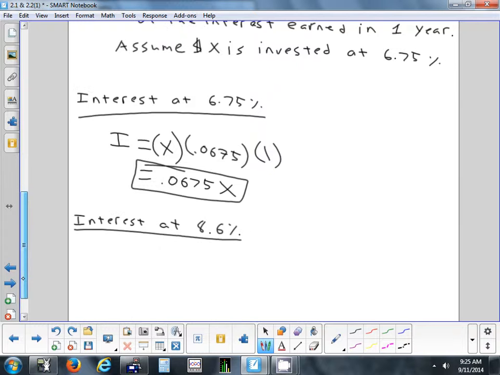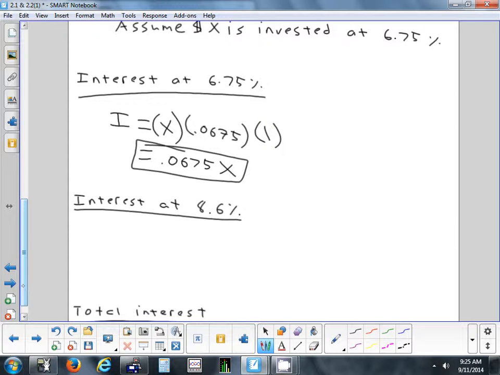Okay, now let's find the interest at 8.6%. How much money is being invested at 8.6%? 20,000 minus X. So there's my principal.